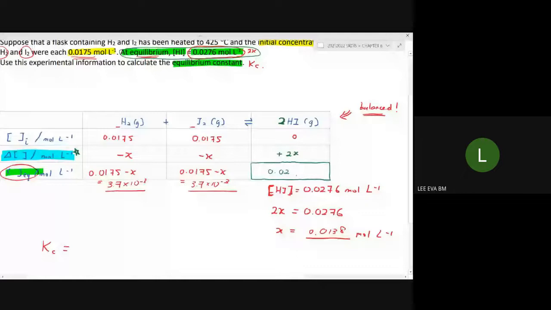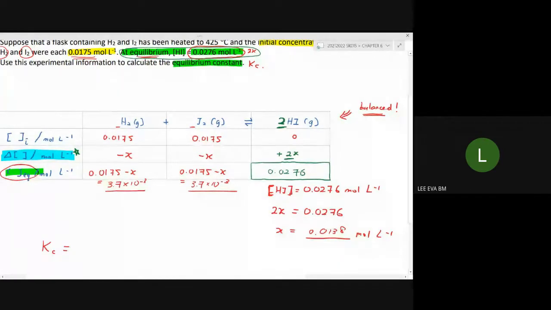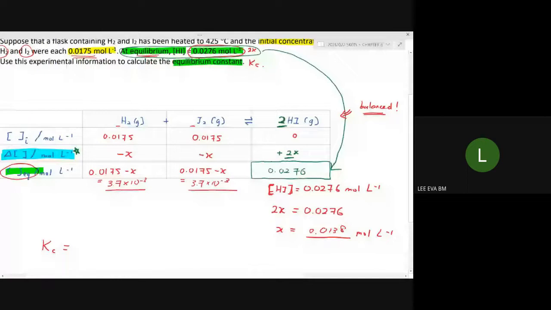Maksudnya, kita tak tengok pun dia punya number of mole dekat depan sini untuk tengok berapa dia tukar X dia. Value X dia nak tambah 2 ke, nak tambah 3 ke, dan lain-lain. So value 0.0276 tu memang untuk concentration HI. Tak payah divide, tak payah darab. Boleh faham?